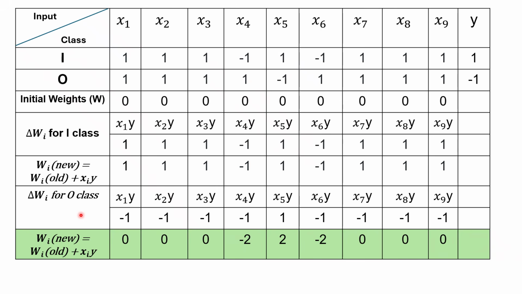Now we have to calculate the updated weight for class O. For this calculation, we use W old as the updated weight of class I. So the summation of these row values and these row values gives us the updated weight for class O. So 1 plus minus 1 is 0, 1 plus minus 1 is 0, 1 plus minus 1 is 0, minus 1 plus minus 1 is minus 2, 1 plus 1 is 2, minus 1 plus minus 1 is minus 2, 1 plus minus 1 is 0, 1 plus minus 1 is 0, and 1 plus minus 1 is 0.